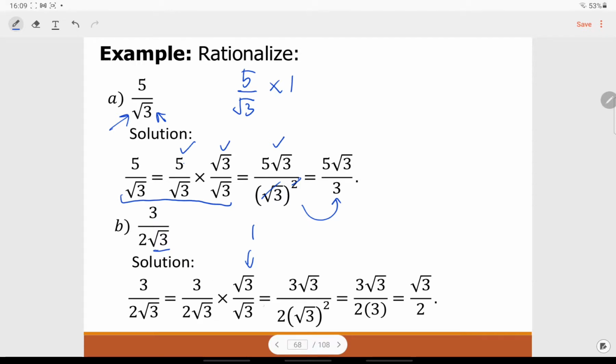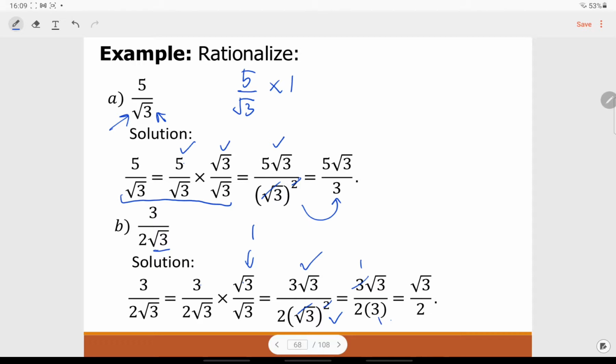Because we have two fractions combined with multiplication, we multiply the numerators and denominators respectively. In the denominator, we get 2 times surd 3 times surd 3, and we can cancel out the square and the surd, so the remaining value is 3. So 2 times 3 equals 6. This can be further simplified: 3 divided by 3 is 1, 6 divided by 3 is 2, so we have surd 3 over 2.